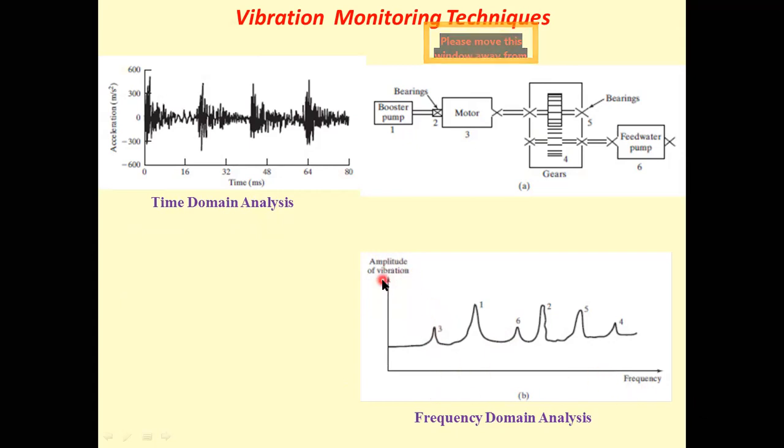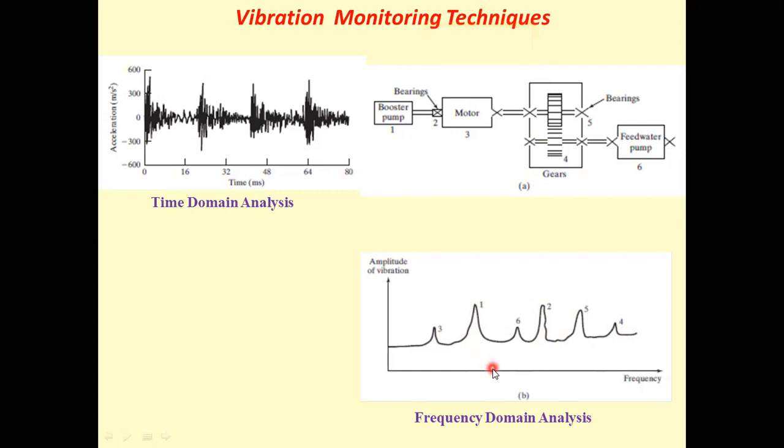It is a plot of amplitude of vibration with respect to frequency, and that can be derived by using a digital FFT analyzer or fast Fourier transform analyzer of the time waveform. So time can be converted to a frequency waveform. Now the frequency spectrum provides useful information about the condition of the machine.